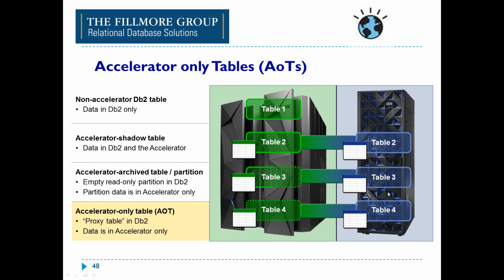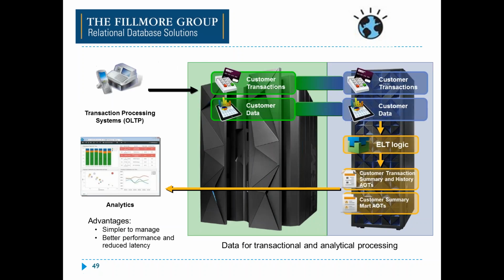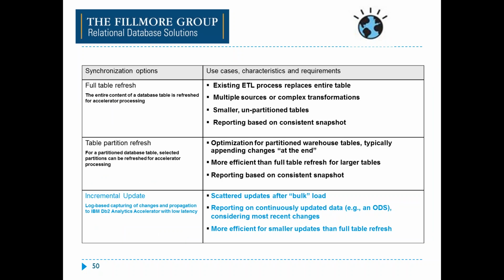All partitions reside in IDAA. And the accelerator-only table, there is just a stub that is maintained in Db2 for z/OS. There's no data. All of the data resides only in the IDAA for things like ETL processes. And here's just an example of why I would use an AOT.